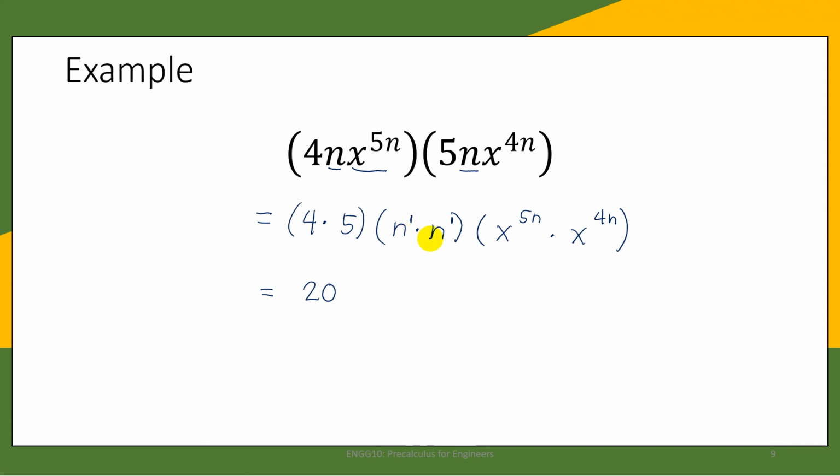So what is n times n? We add the exponents together, that becomes n squared. And then x raised to 5n times x raised to 4n, we need to add the exponents together. So 5n plus 4n is 9n. Therefore, the product is 20n squared x raised to 9n.